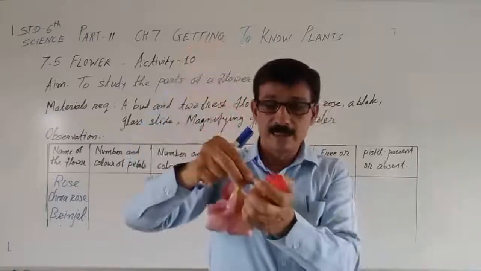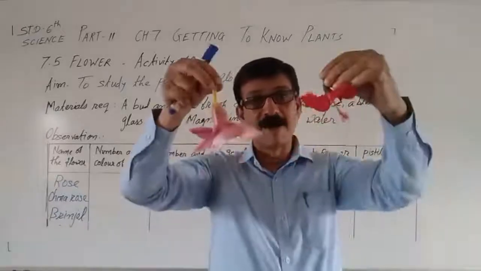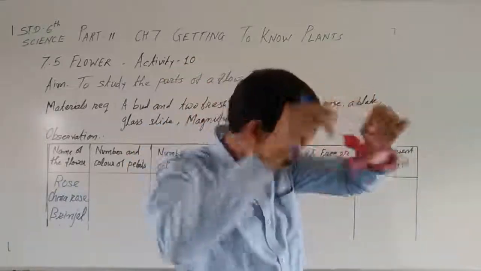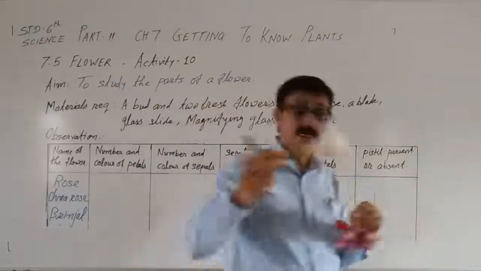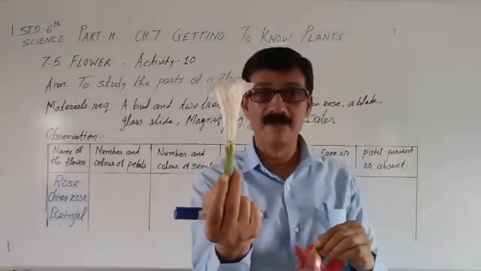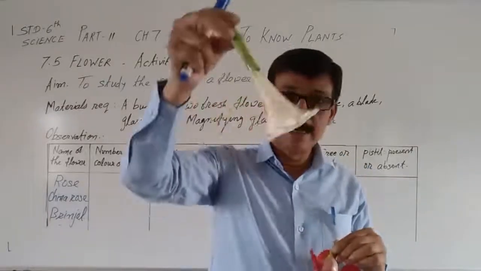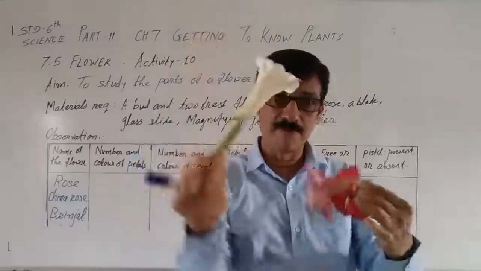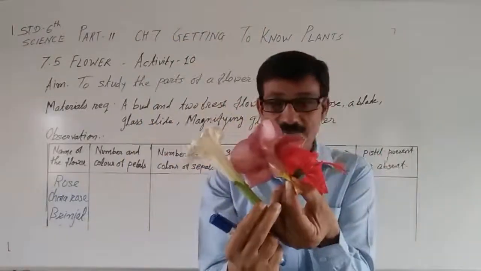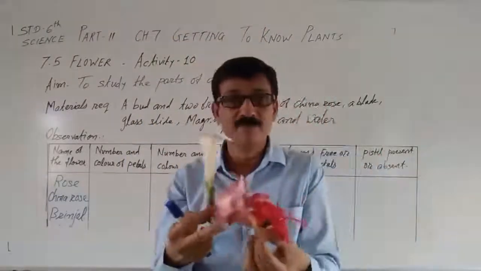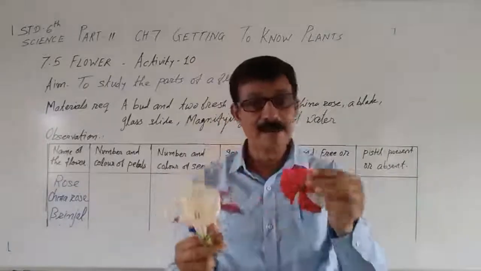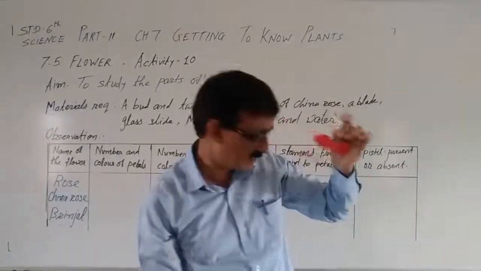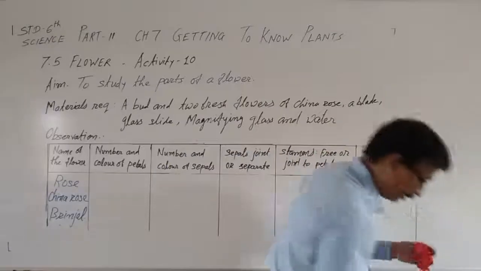We can say these are all bell shaped flowers. Let me show you one more. This is a Dhoraji flower, and this is once again a bell shaped flower. So all these three are bell shaped flowers, but by this time we want to know the sepals and petals. That is why we will discuss only this flower.